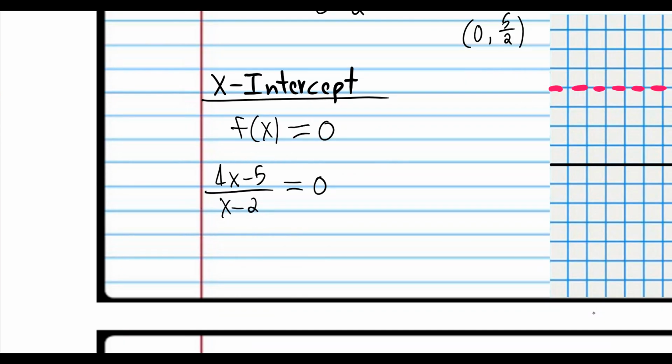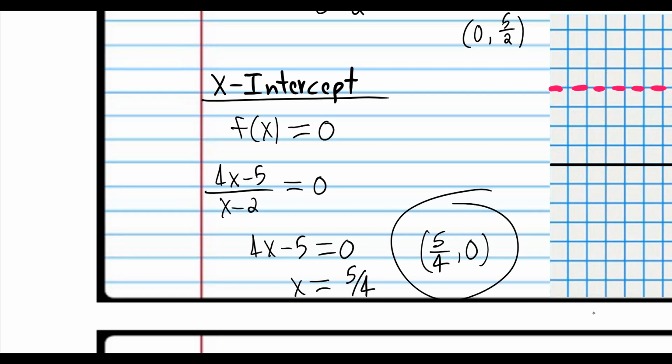We want to solve that equation. Well, remember, in order for a fraction to be 0, the numerator has to be 0. And technically the denominator has to not be 0. So we want to figure out what makes the numerator 0. So we're going to set that equal to 0 and solve, and we get x is equal to 5 over 4. So the x-intercept is 5 over 4, comma 0.